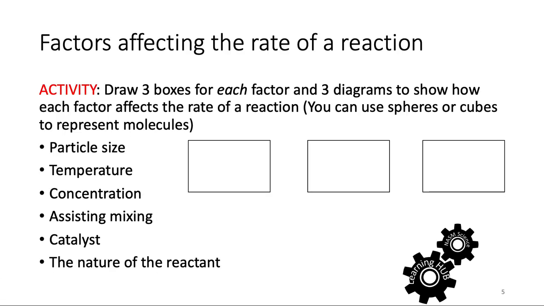Small activity here. Draw 3 boxes for each factor and put in for each factor 3 diagrams as to what is actually happening with the reaction to make the rate change with each of those in turn.